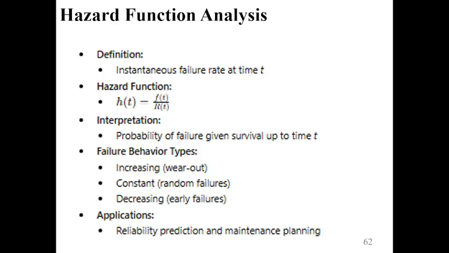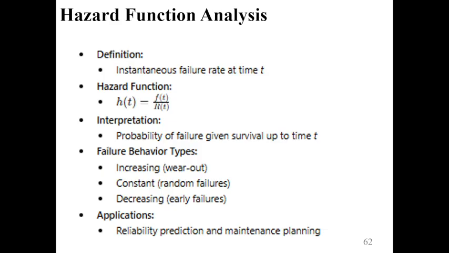It is mathematically defined as the ratio of the probability density function to the reliability function. This function provides important insight into how the risk of failure changes over time.